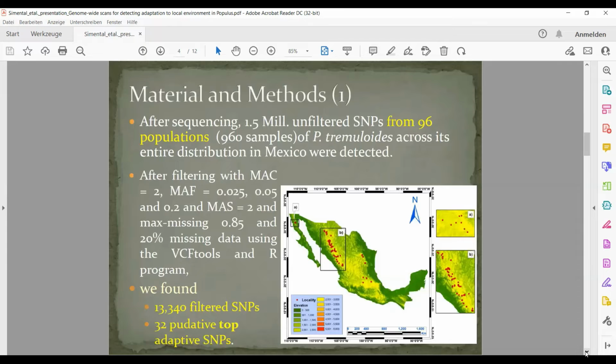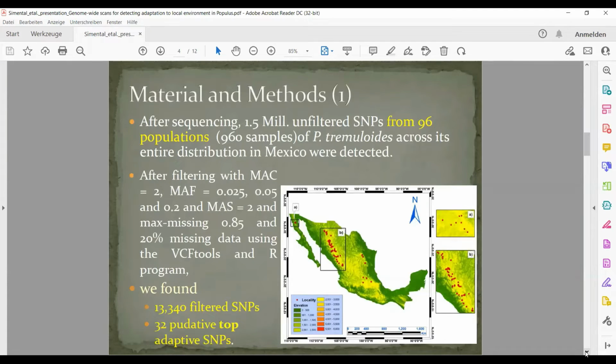And we used 1.5 million unfiltered SNPs from 96 populations, in total 960 samples from all parts of Mexico. On the left side, we can see a little map of these sample sites.